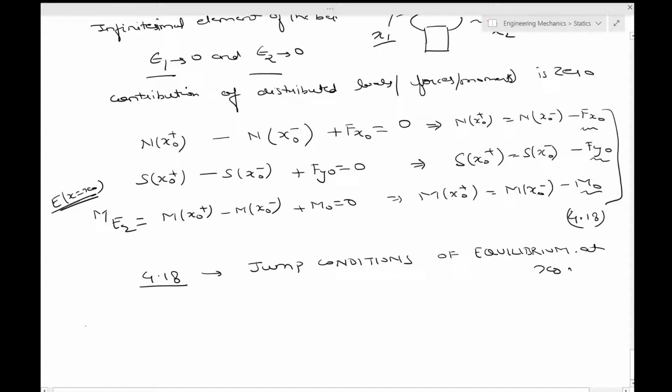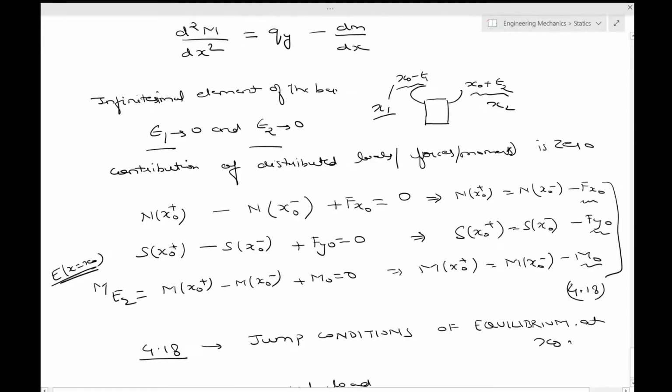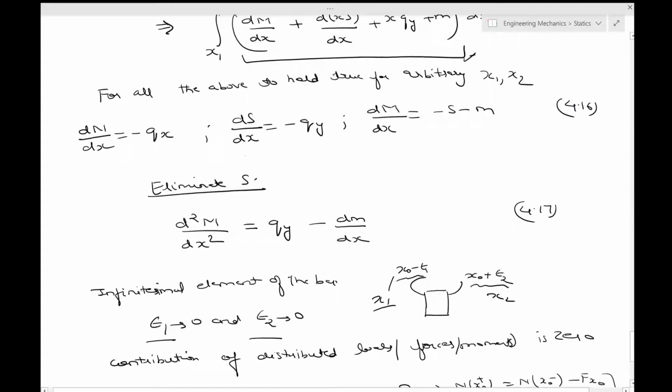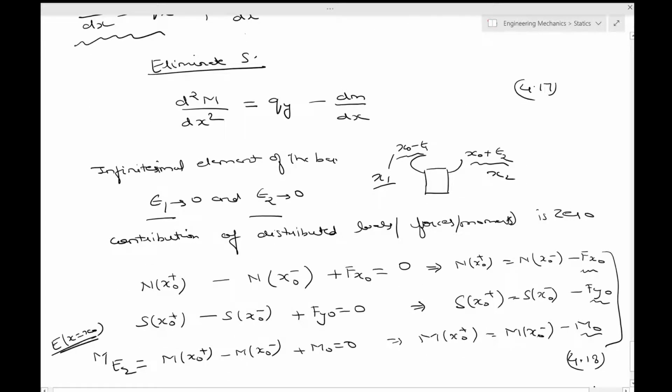So if you have a bar which is only under axial load, then what you would have is only this one, because there is only axial load, the first jump condition.